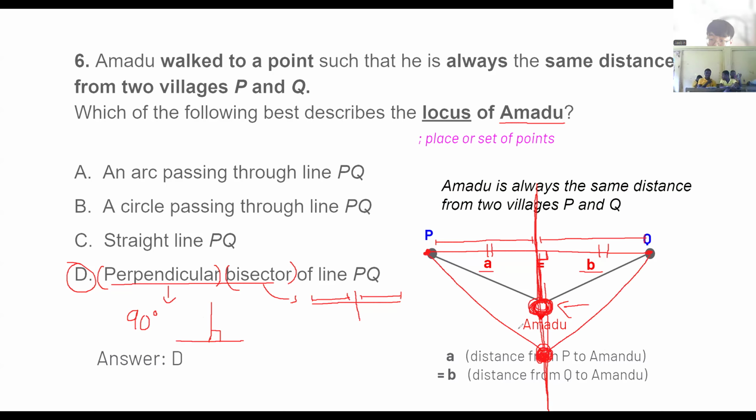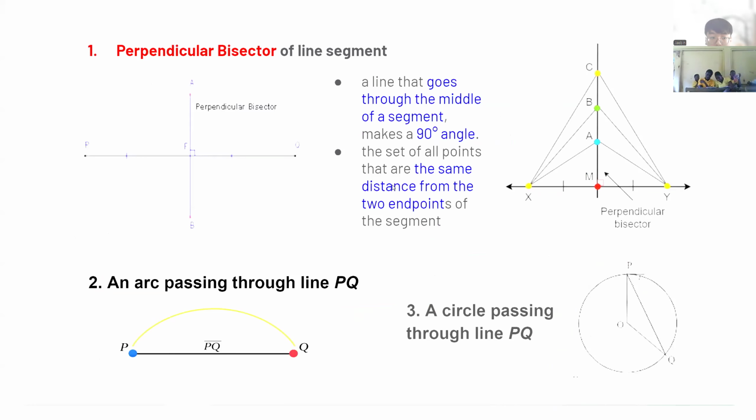If Amadou is here, this length and this length are equal. I'll show a better example on the next slide.